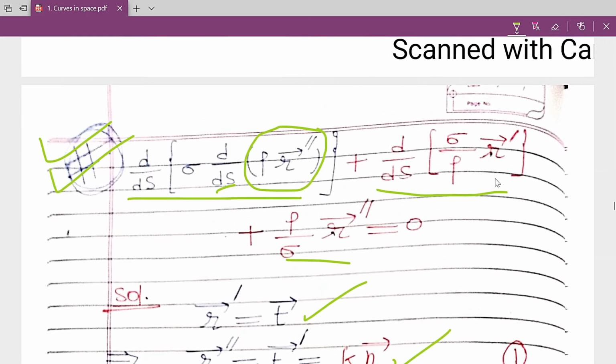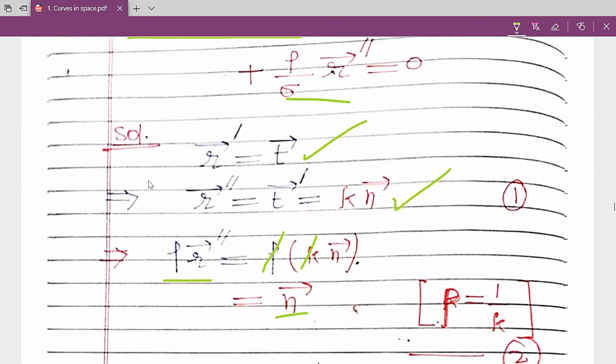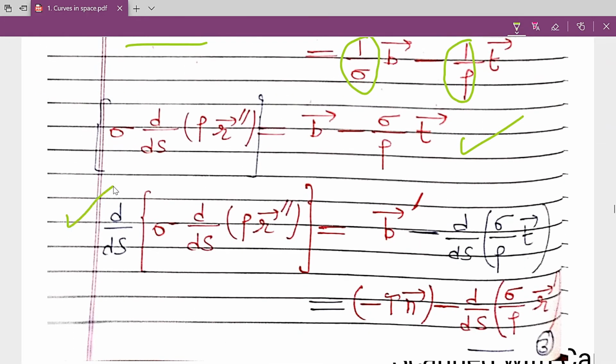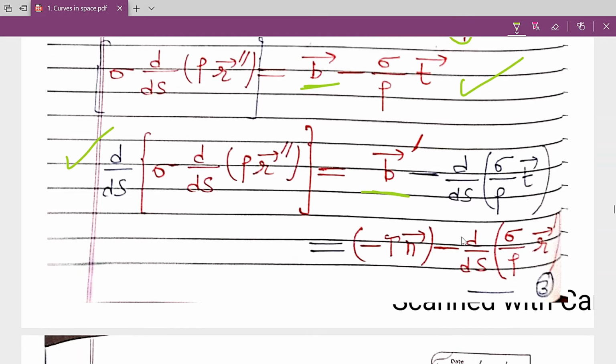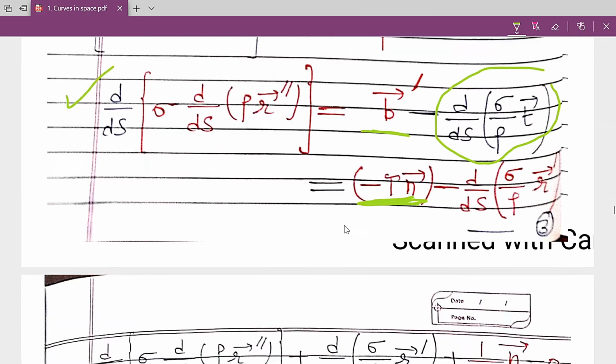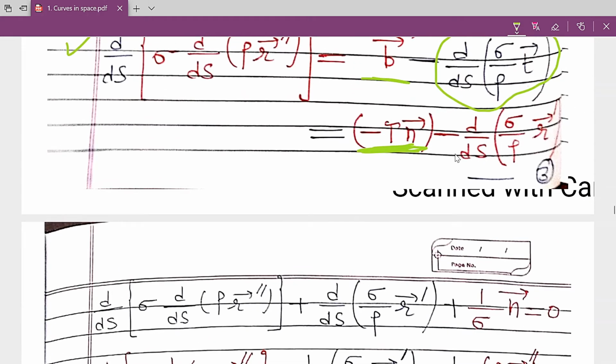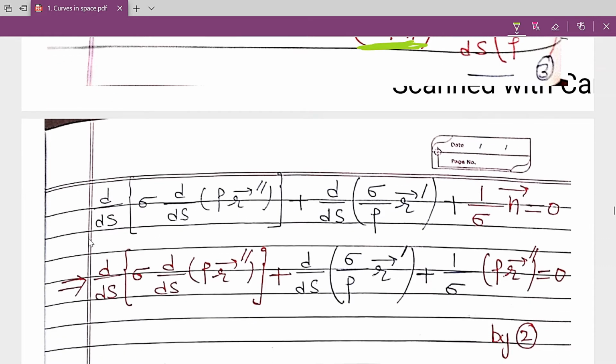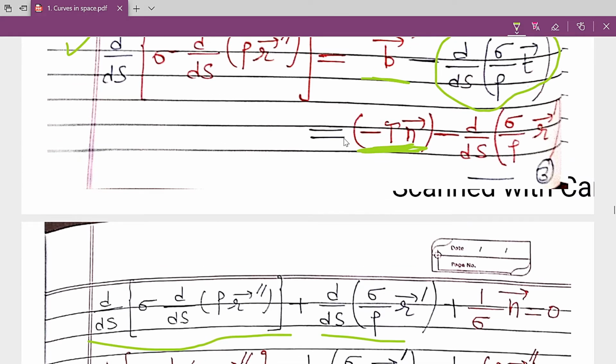Now what is the next step? Next step is differentiate with respect to s. So we differentiate with respect to s. So this will become b dash. Here it is b dash. And this is a derivative of the entire term. Clear? So what is b dash? b dash is equal to minus tau n by Frenet formula, and this is a derivative. Now we can shift this derivative to the left hand side. So when we shift these both terms to the left hand side, this will become the first term, this will become the second term, and the third term will be plus tau n.